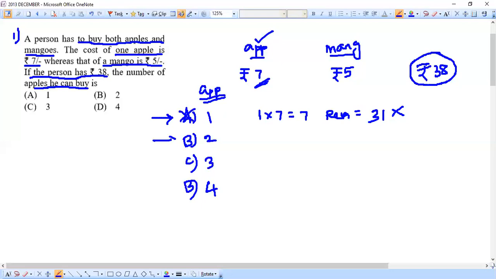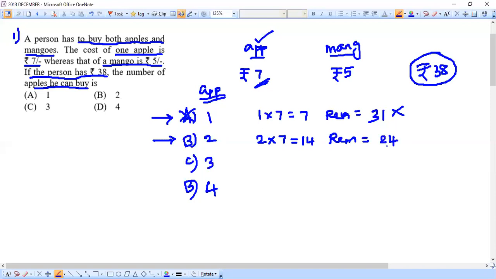Let's move on to the second option and see whether this is working out. Option B says the person is buying 2 apples. So he would have spent 2 sevens are 14 rupees. Out of 38, 14 rupees are spent. So the remaining would be 38 minus 14. The calculation is easy to perform, right? 8 minus 4 will be 4. 3 minus 1 will be 2.